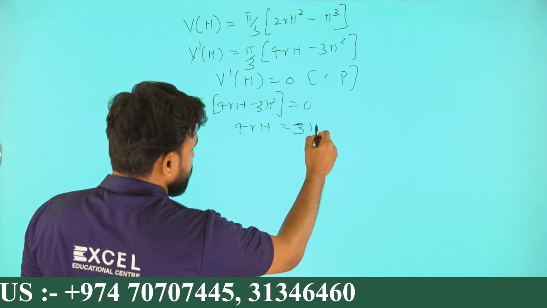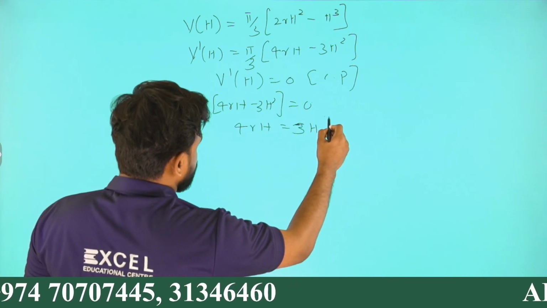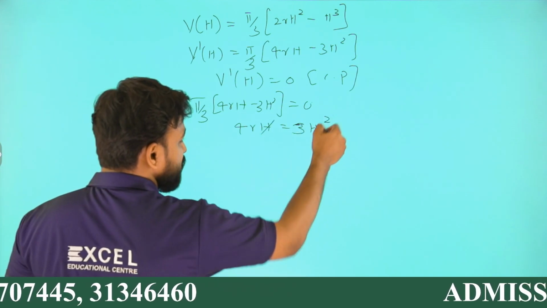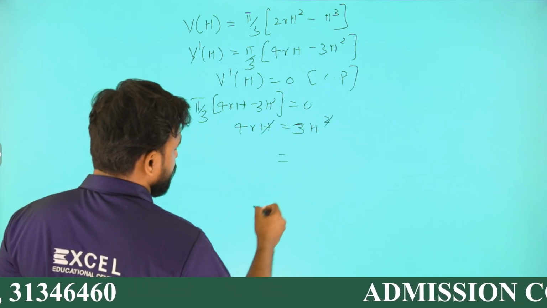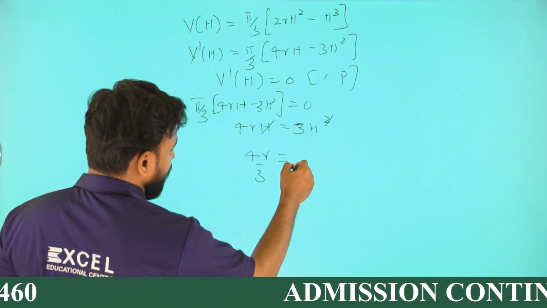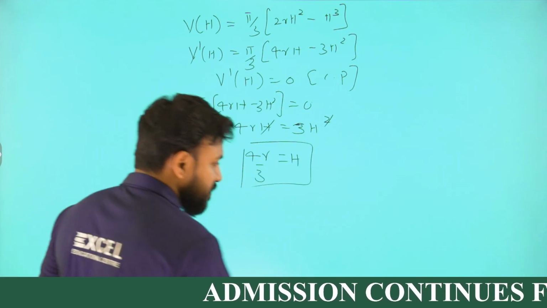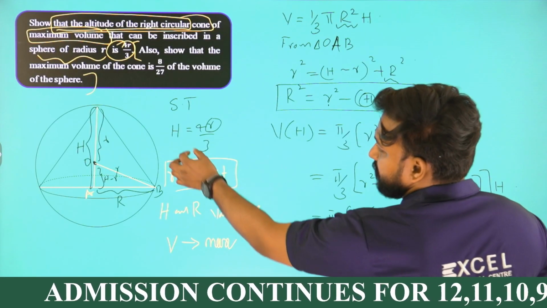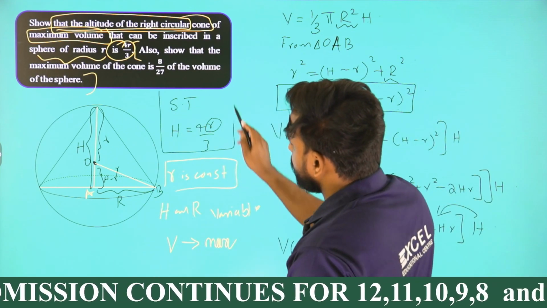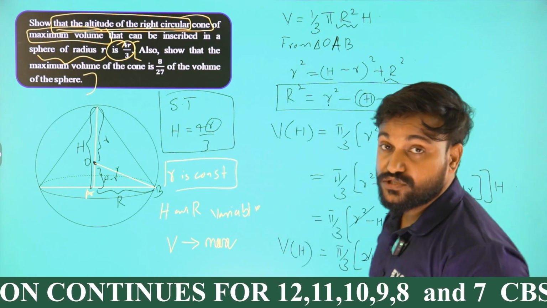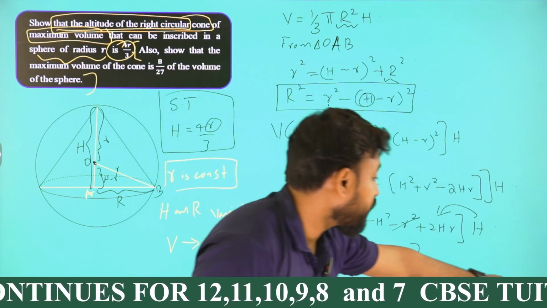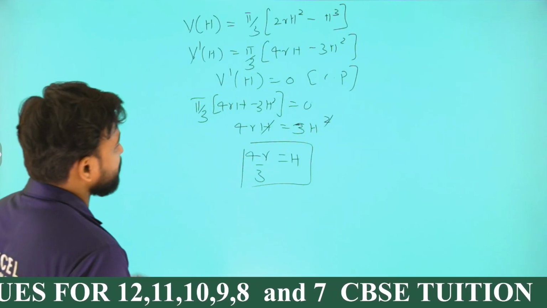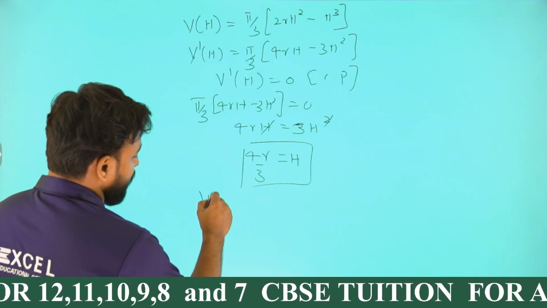Those two H's are gone, and you will get 4r by 3 as your H. Listen, this is the thing that you need to show, that H is equal to 4r by 3. We proved it, but we have to check whether it is maximum or not by differentiating again.